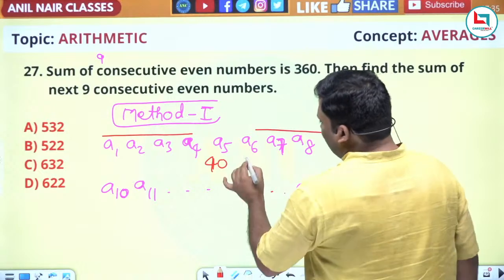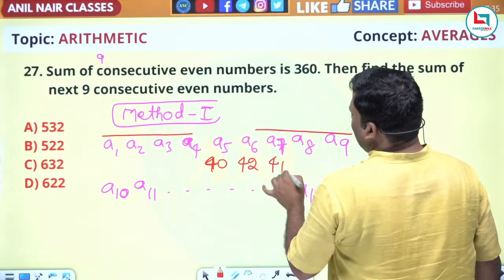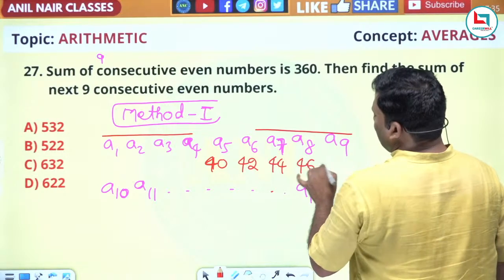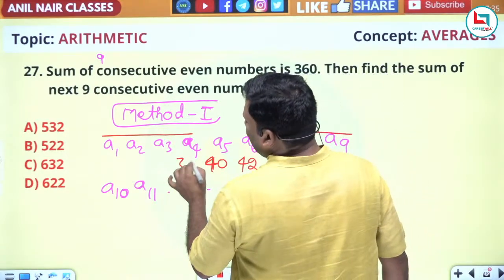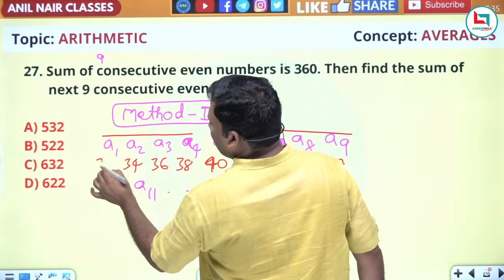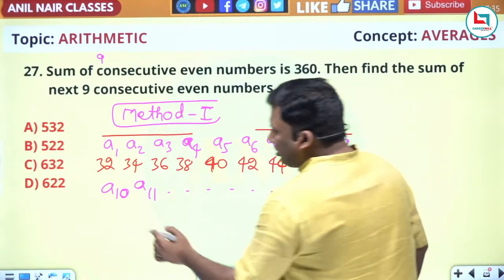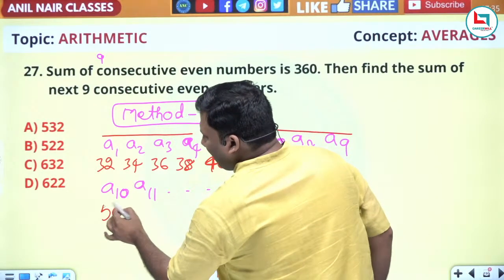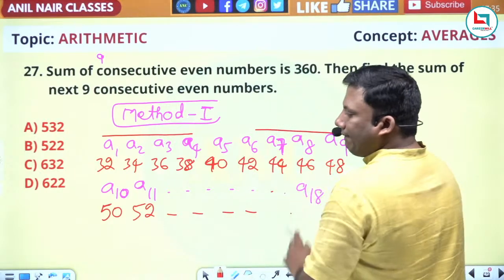If it is 40, this will be an even number, right? 42, 44, 46, 48. This will be 38, 36, 34, 32. Are you all with me? 48. Next will be 50. Next will be 52. And so on.